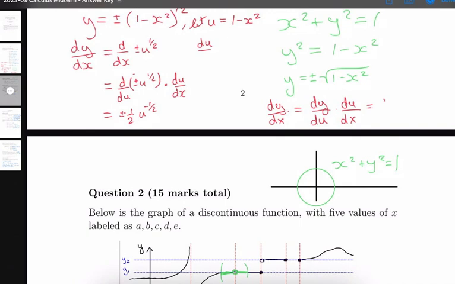So we're writing d by du of y as a function of u, times d by dx of u as a function of x. That's the full expression of what we're doing. And maybe just to be clear, it's this times this.